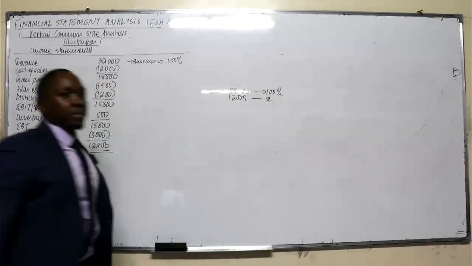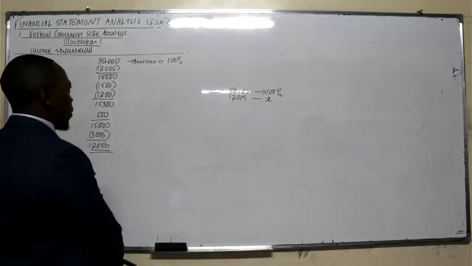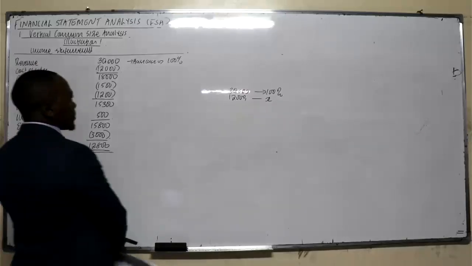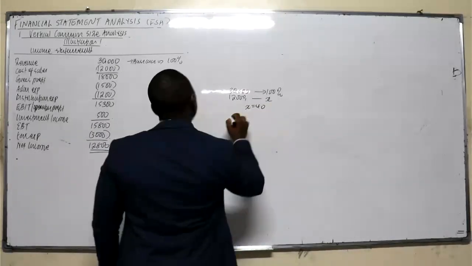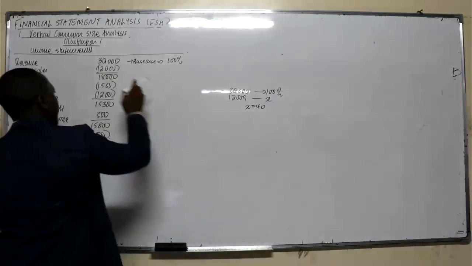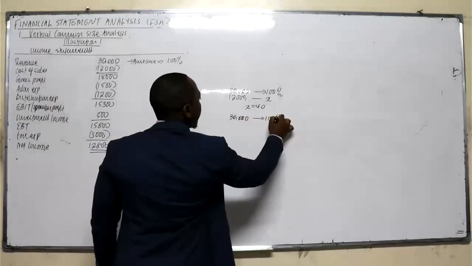What about 12,000? Now, can you give me that? You are getting 40. What about the gross profit? 30,000 is equivalent to 100%.